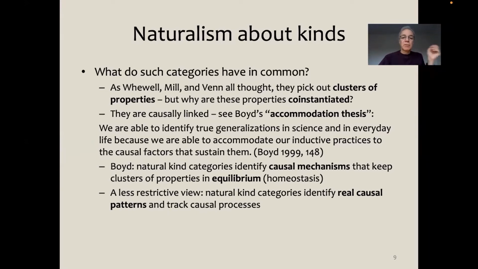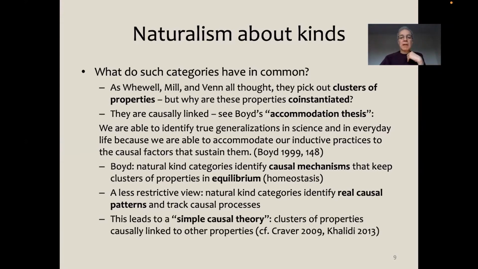So a less restrictive view would have it that natural kind categories identify real causal patterns in the world and they track causal processes. So we're interested in discovering properties that are causally linked to other properties, but not necessarily in the manner of causal mechanisms that keep clusters of properties in equilibrium.